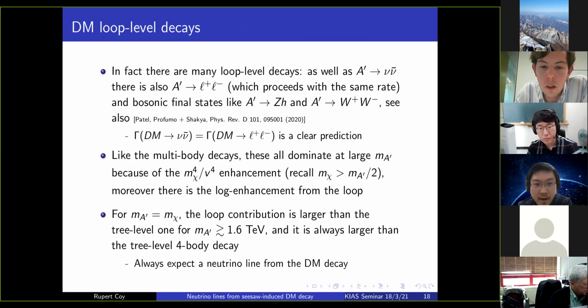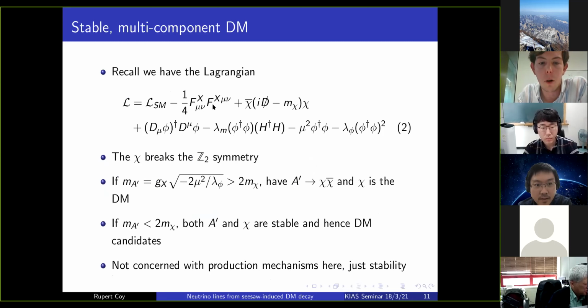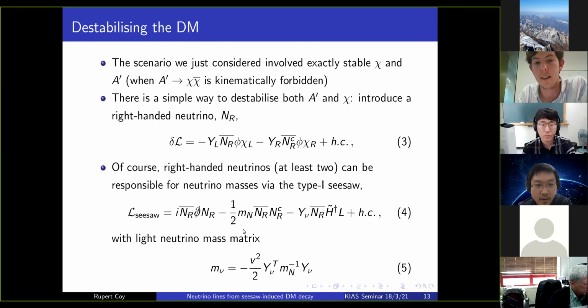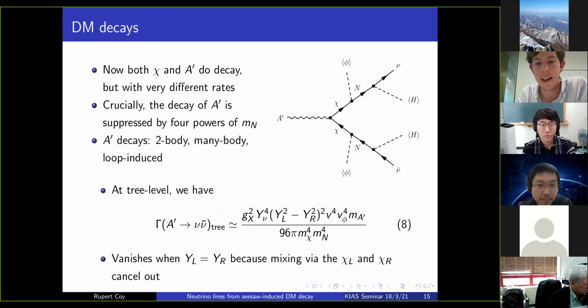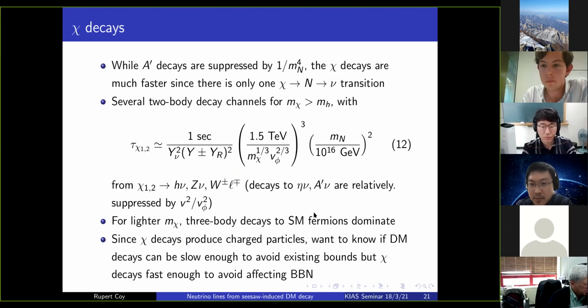In this initial model we had multiple components, so the dark matter was both the A prime and the chi. The point here was that the A prime decay goes as 1 on m to the fourth, which is slow. But I'm talking about the chi particle. I was thinking it's also part of the dark matter. Is that right?